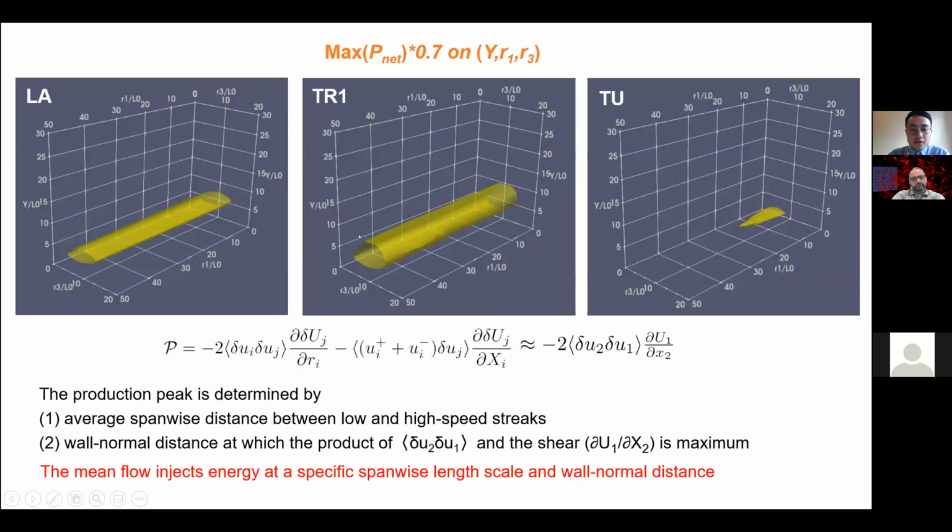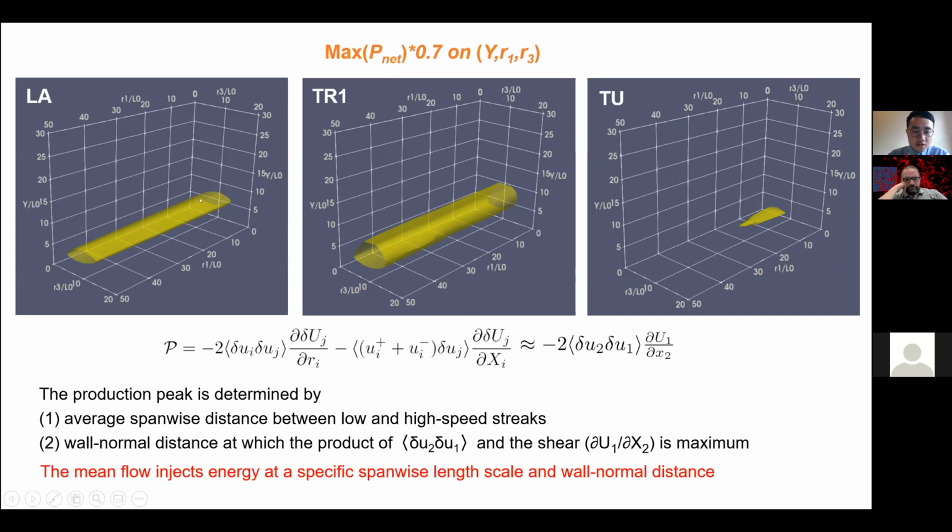We first show here the net production term in the 3D domain. The isosurface here is defined by the maximum value of the net production multiplied by 0.7. We can see this production peak in 3 different streamwise locations is always located at a specific spanwise length scale.